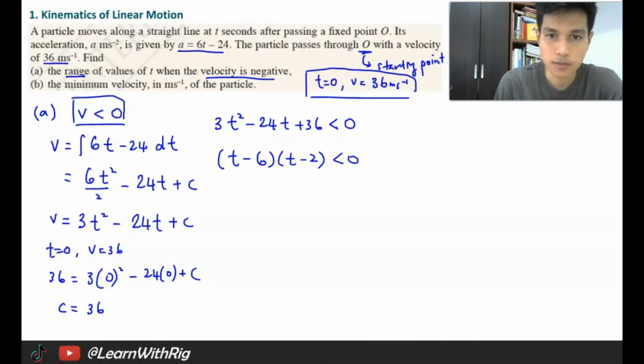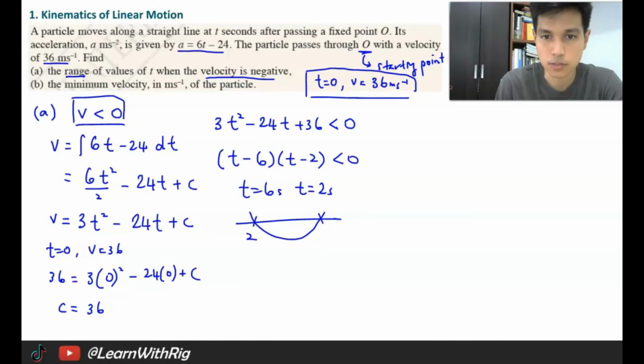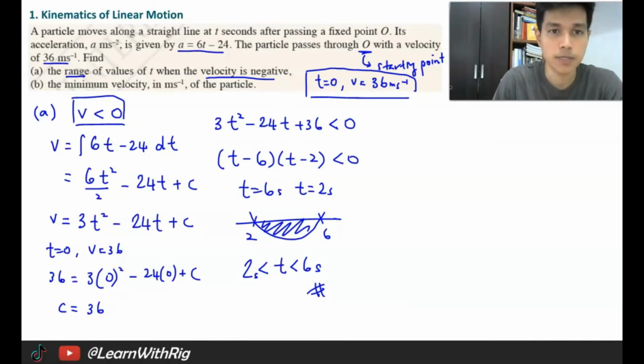So from here, you know that t equals 6 and t equals 2. You can use your graphical method. Here is 2, here is 6. So this is less than, correct? Less than is here. So the range of t is between 2 and 6 seconds. This is your answer. Alright, next, question B.